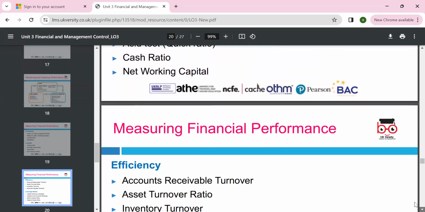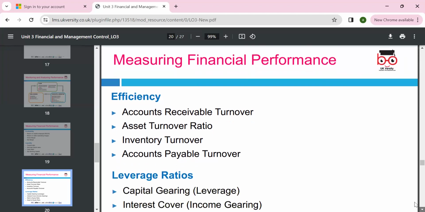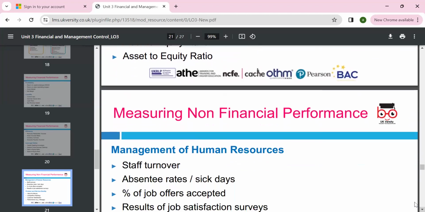We can look around meeting the financial ratios, efficiencies, account receivable turnover, asset turnover ratios, inventory turnover ratios, account payable turnovers, leverage ratios, capital gearing, high, low, medium, interest cover, debt to equity, asset test ratio, that can be looked at, that measure.